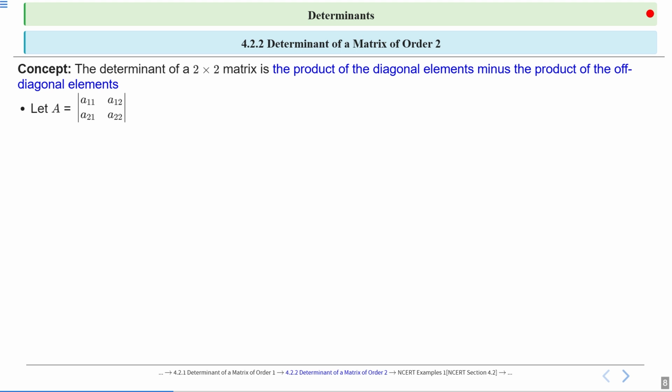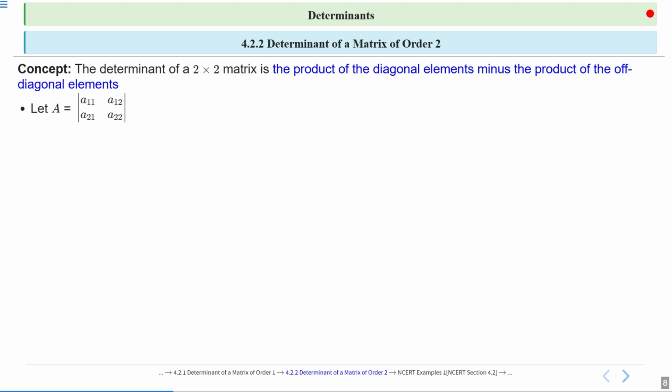So let's consider a matrix A of 2 cross 2, that is A11, A12, A21, A22 with vertical lines, and these vertical lines represent determinants. The square brackets represent matrices, and if there are vertical lines, then we have to find the determinant of that matrix.